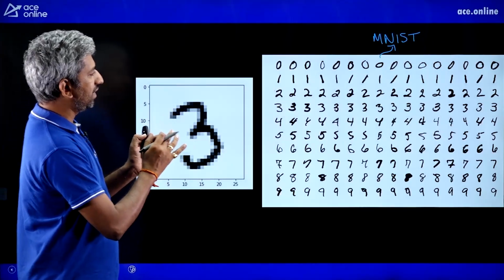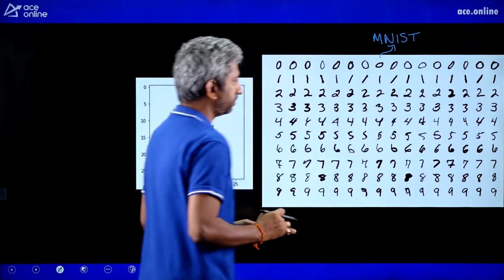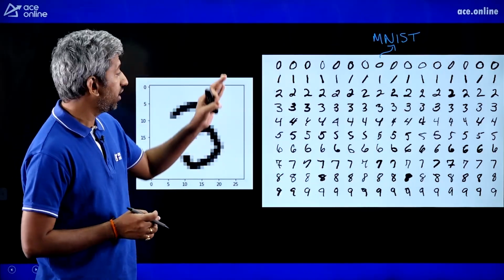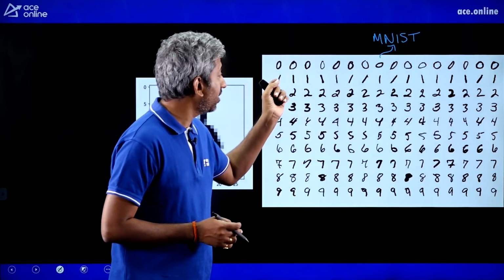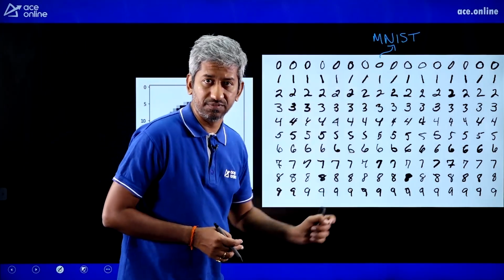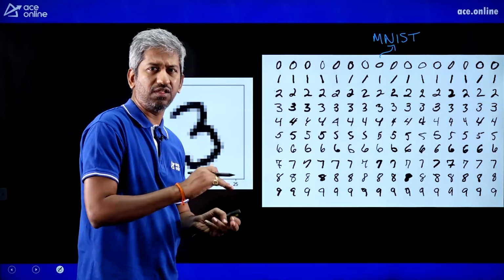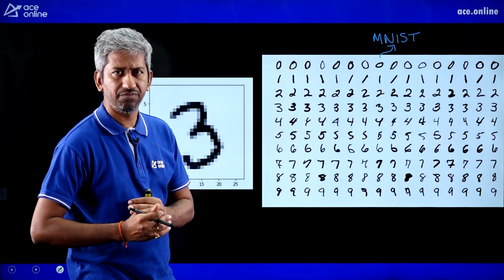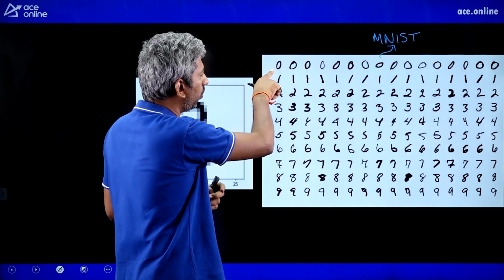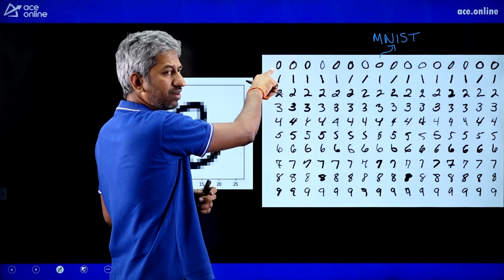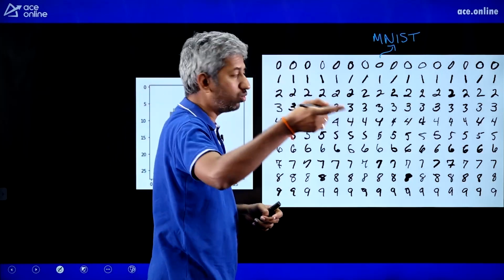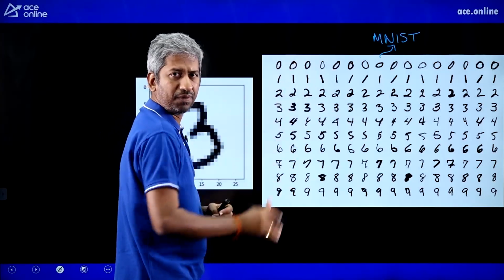So what does this data set talk about? In this data set, we have handwritten digits, and each digit is collected from some group of people. This 0 is not the same as this 0. This is written by me, this 0 is written by you, and that 0 is written by some other person.